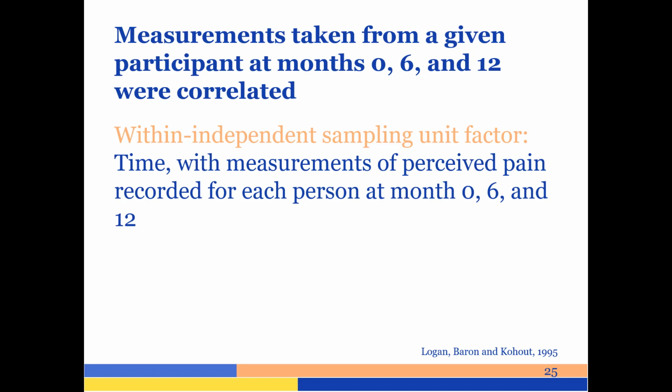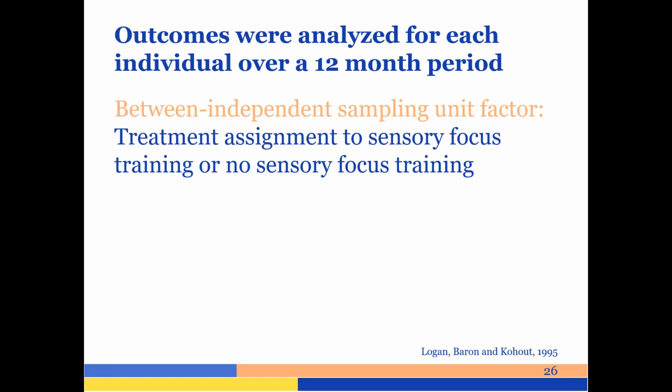Remember that longitudinal design induces correlation in these measurements for each patient. The between subject factor at play was intervention, or sensory focus, versus non-intervention, or the standard of care. The combination of within and between factors allows us to see the pattern of memory of pain over time based on different treatments.